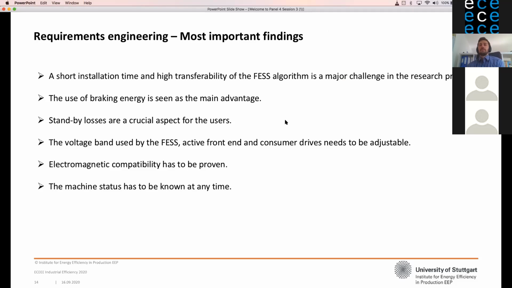The voltage band used by the energy storage, active front end and consumer drives needs to be adjustable, because we are trying to actually use the voltage band and take all the energy which is just over the rated voltage, which is braking energy, and beneath it is acceleration energy, which needs to be covered by the system altogether. One classical requirement is the electromagnetic compatibility, which has to be proven, of course. And last but not least, the machine status has to be known at any time for the users.